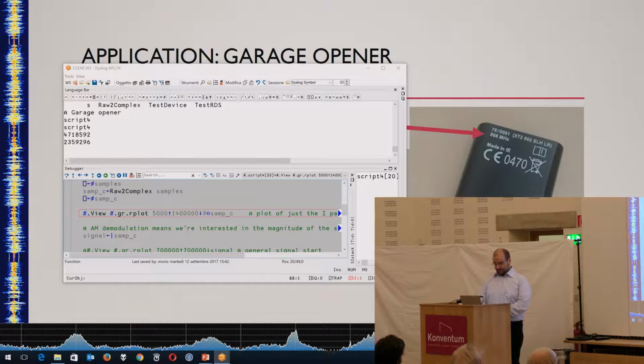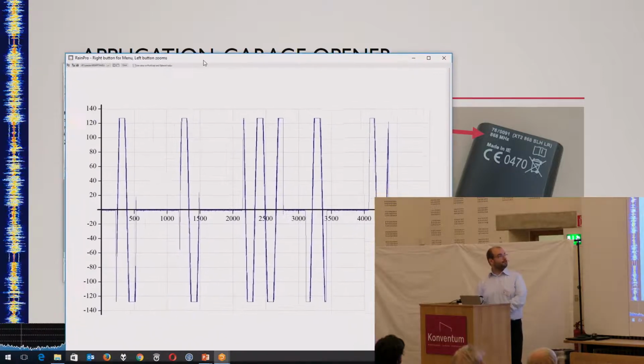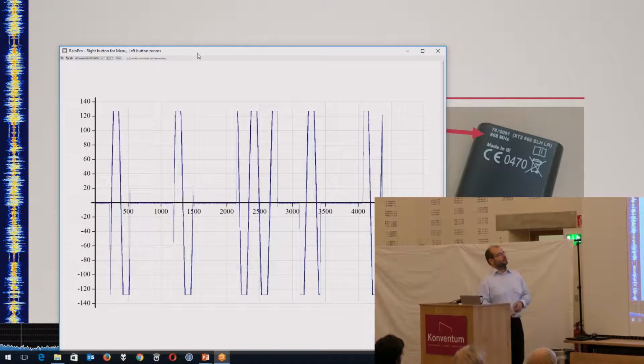And this is what I first saw when I recorded the signal. We have the number of samples on the horizontal axis that is correlated to time. So as the signal evolves over time, you can see that there are regions where the signal is very high, very strong.